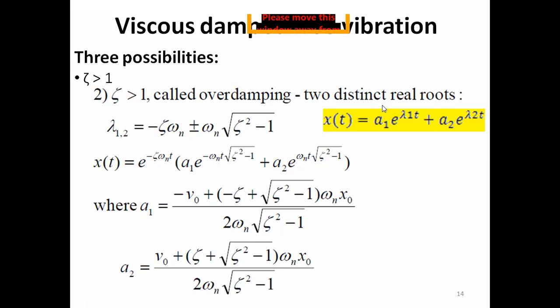And if that is the case, then the solution of the differential equation would be x of t is equal to a1 exponential lambda 1 t plus a2 exponential lambda 2 t.